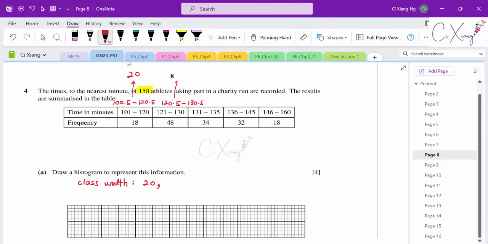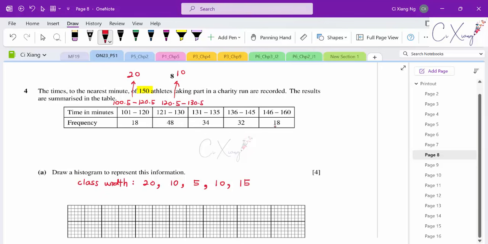So to get the class width, you take 130.5 minus 120.5, which is 10. So the second class width is 10. Please repeat the steps for all the different classes until you get all the class widths. If you didn't make any mistakes, you should get 20, 10, 5, 10, 15 as your class widths.